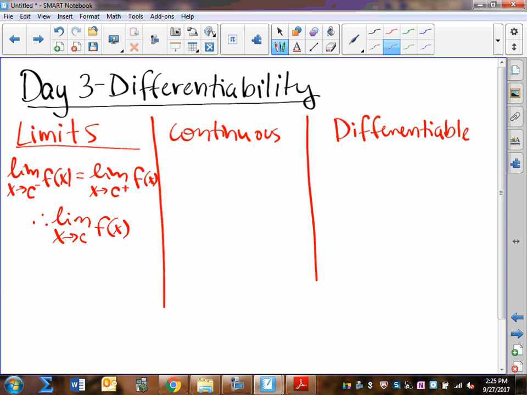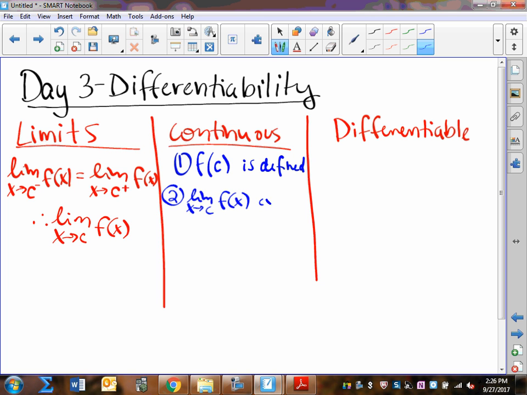All right, for continuous, we had 3 conditions. First, f of c must be defined, meaning it equals some number. We actually have that point on our graph. And secondly, we have to go back to visiting our limit world. The limit as x approaches c of my function must also exist.